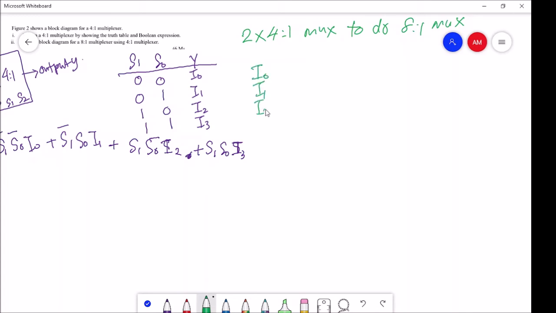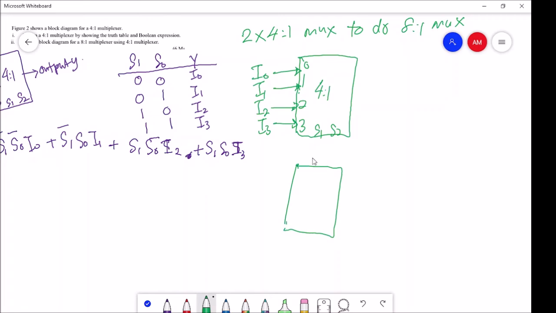So we draw input 0, input 1, input 2, input 3, sum 1, sum 2. And draw another 4-to-1 multiplexer, input 1, input 2, input 3.